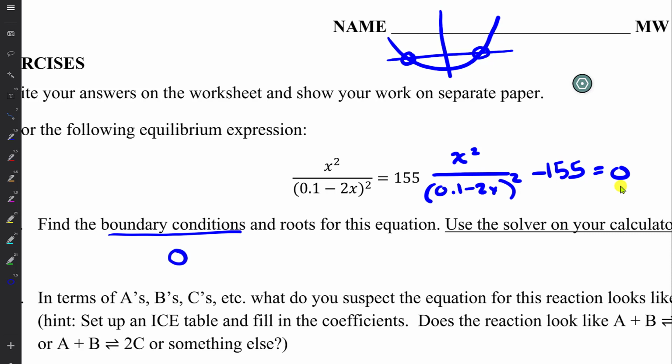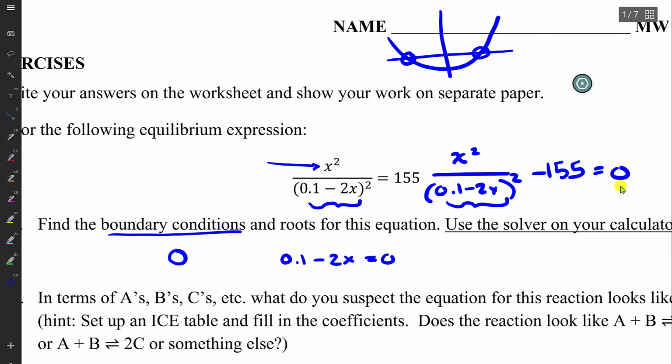And then there's also an upper bound, because it is possible that one of the roots could make this term negative. When we're writing equilibrium constant expressions, the value of x represents a concentration, but also these terms in brackets represent concentrations. So those can't be negative either. To find the largest value of x, you have to say 0.1 minus 2x equals 0.